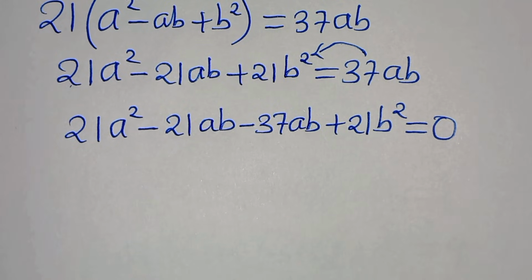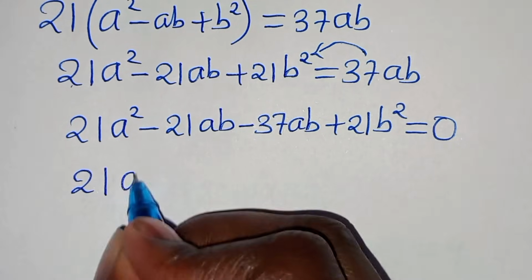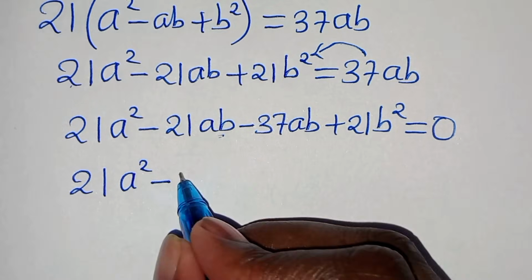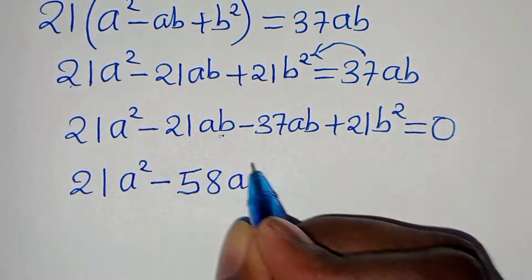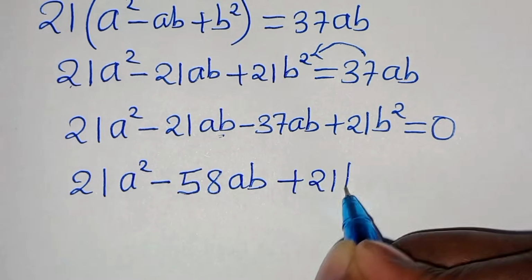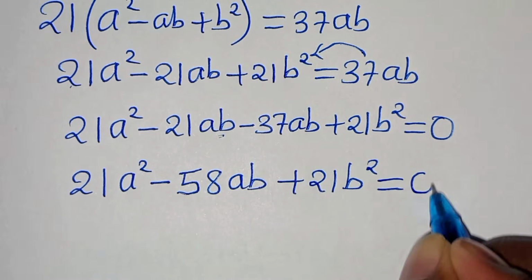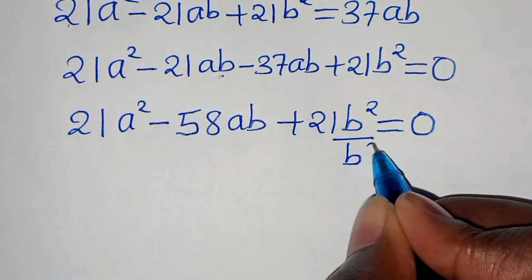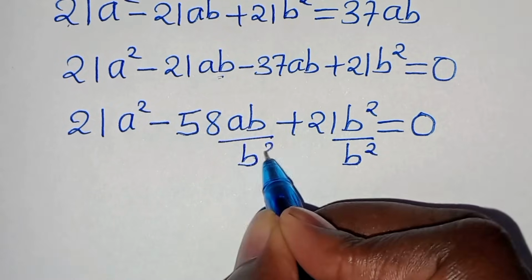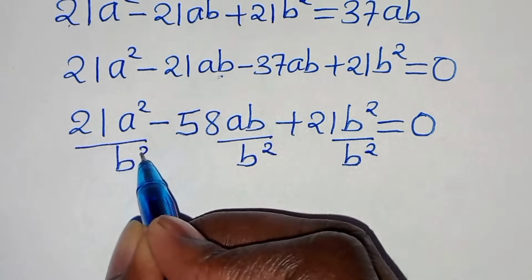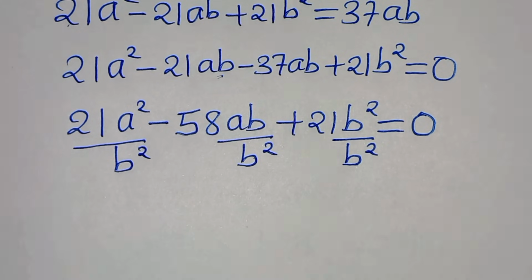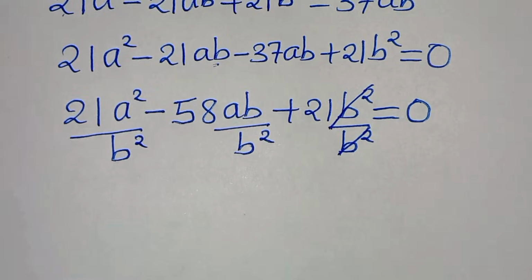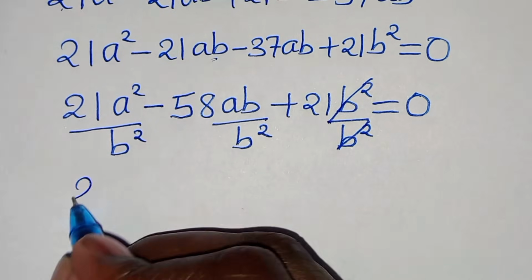Okay, the next step is that we have 21a squared minus 21ab minus 37ab. This is minus 58ab, then plus 21b to the power of 2. This is equal to 0. The next step is to divide everything here by b squared. Here we have b squared, and here we have b squared. Now we can simplify b squared and b squared, so that now here we have 21.